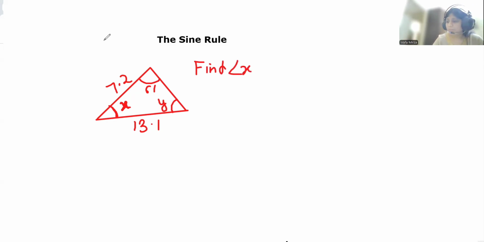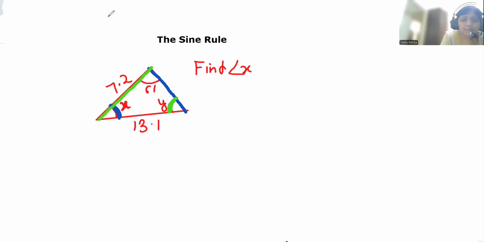First I will apply the sine rule. If I am using angle x, I don't know the side opposite to angle x, right? So right now I will not use angle x. Let's start with angle y. So this is a little different question. If I am using angle y, the side opposite to angle y has a length of 7.2.